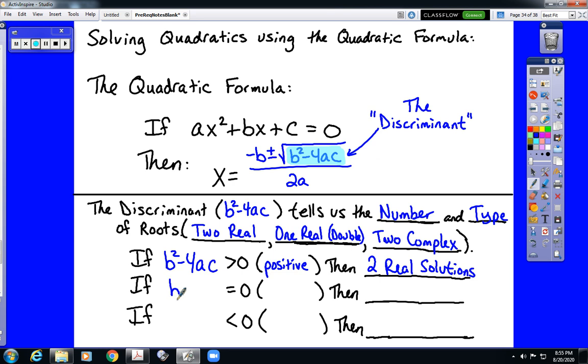If b squared minus 4ac is equal to 0, then we have one real solution that occurs twice, a double root.